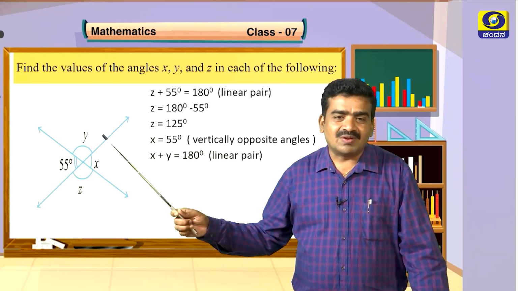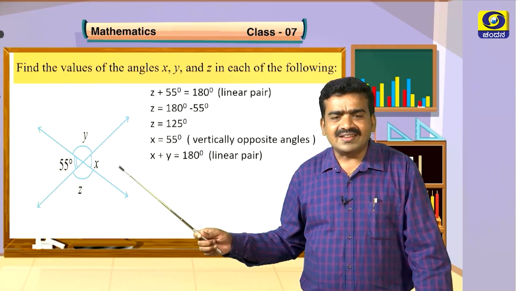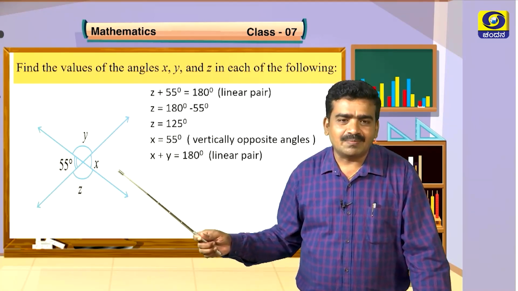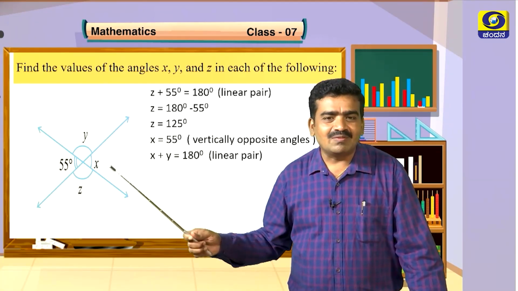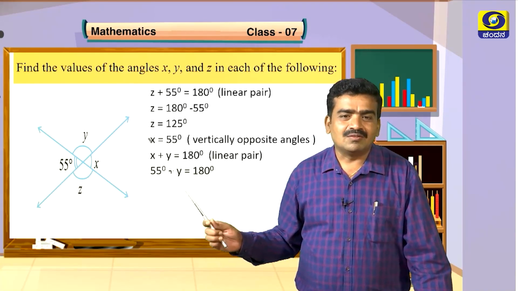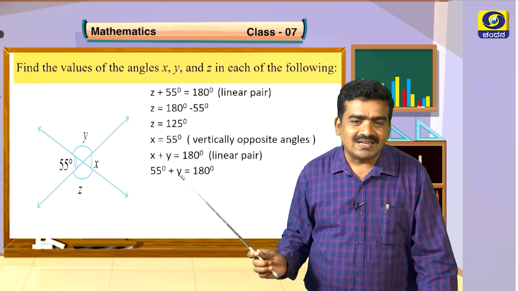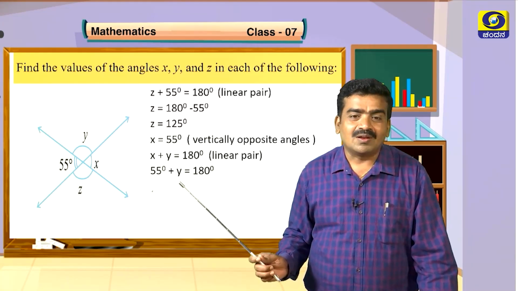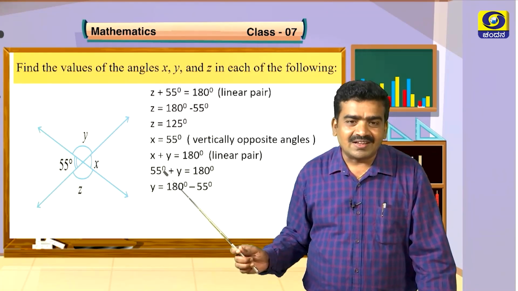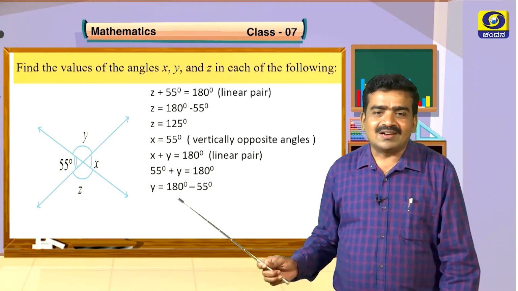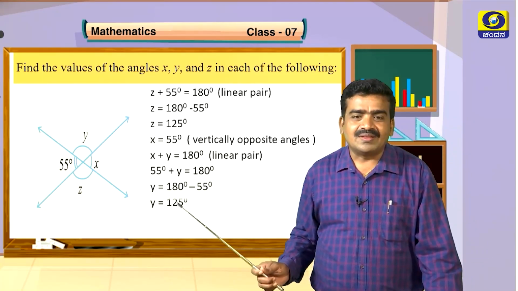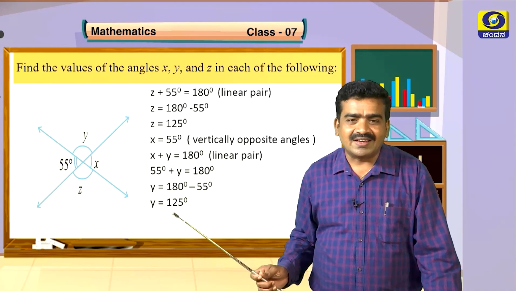Y also measures 125 degrees, or we can take the concept of linear pair. If you add x and y, we will get 180 degrees. We have 55 degrees, then 55 degrees plus y is equal to 180 degrees. Then y, taking 55 degrees to the right side, you get 180 minus 55. Therefore, it measures 125 degrees.